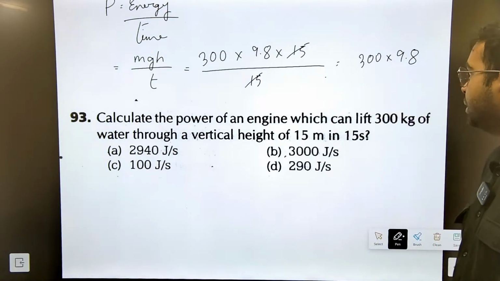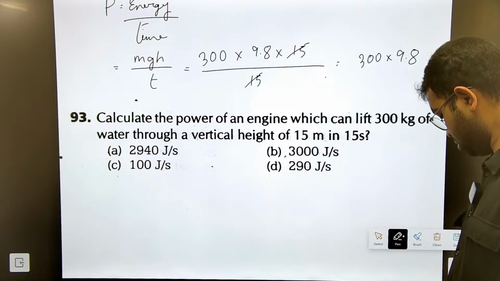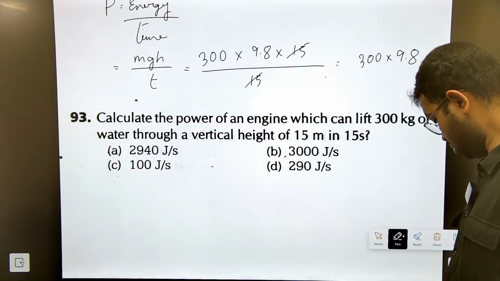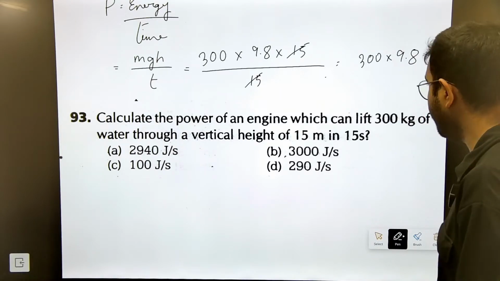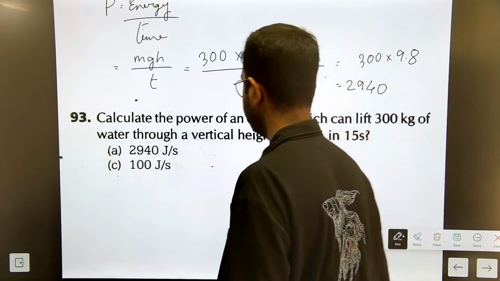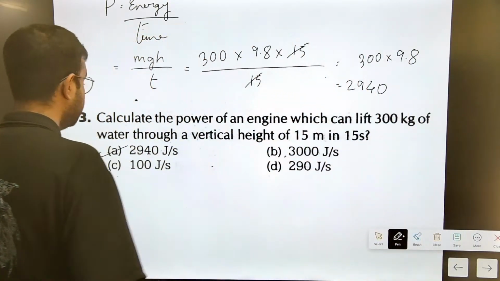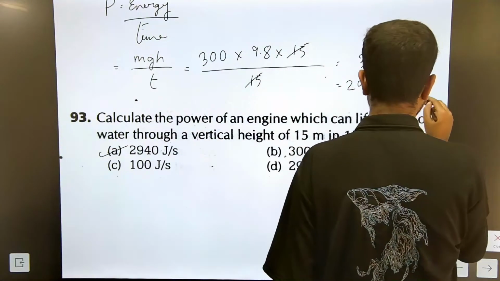300 into 9.8. Let's calculate the value. 300 into 9.8 is 2940. The answer is option A. The unit of power is joules per second.